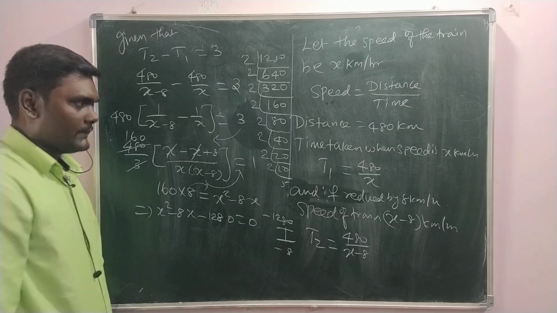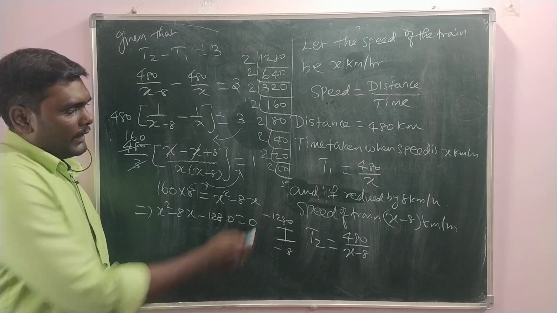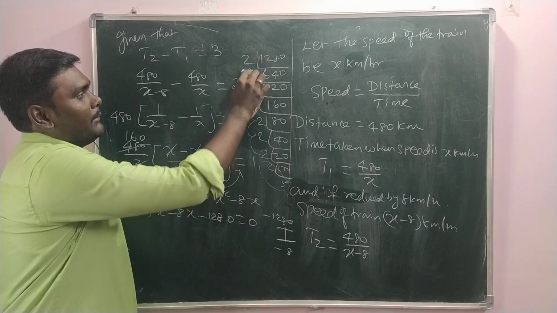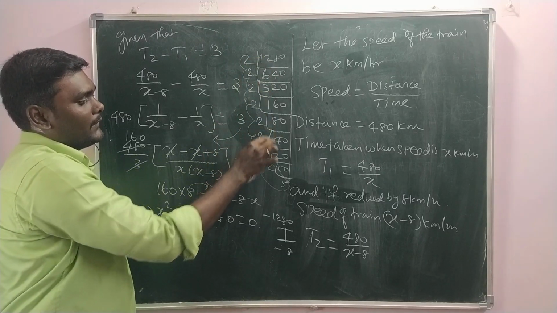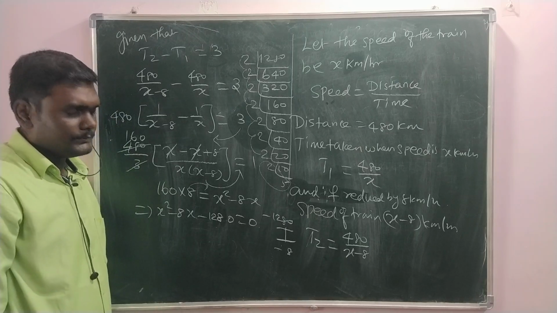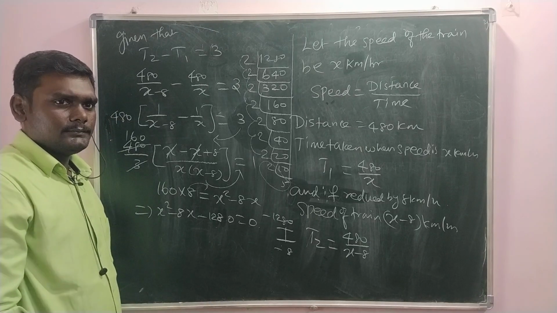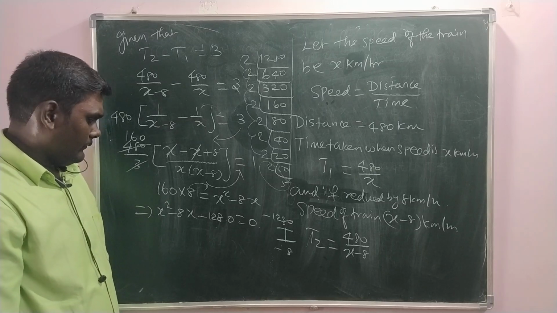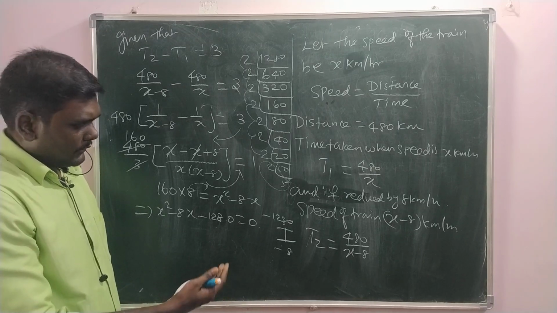Then find such numbers. Here 5 2s are 10, we can take. Then the remaining, if you multiply, is 2 power 7. It exceeds, right? Many things are coming. Then try changing it.